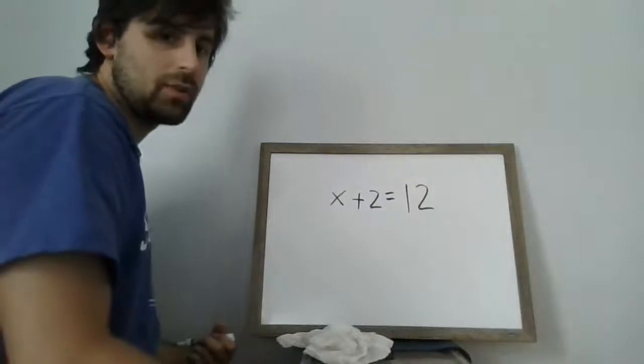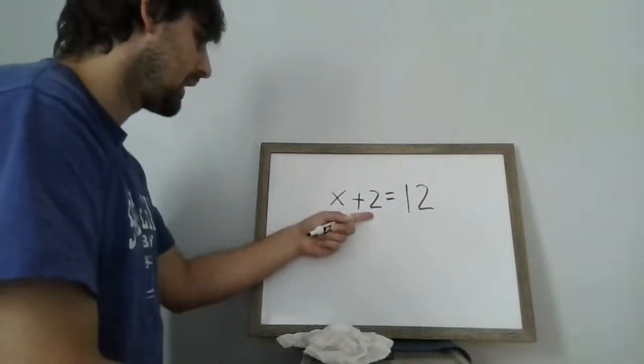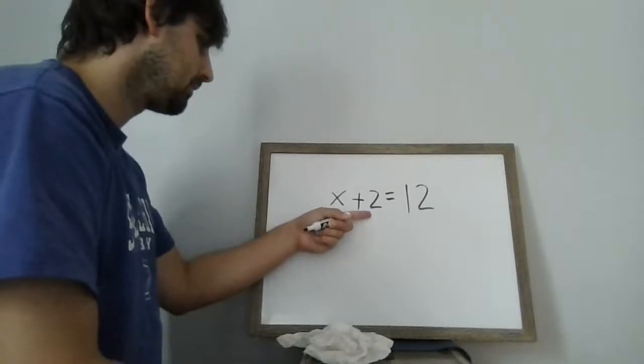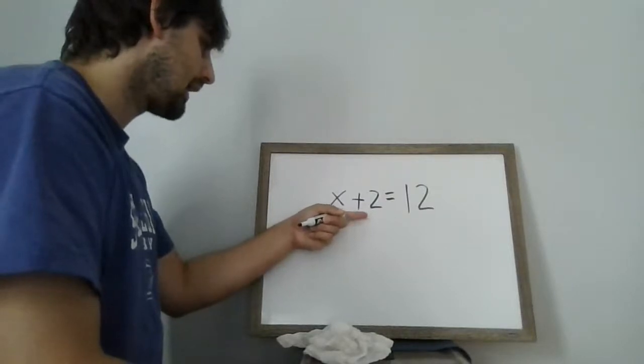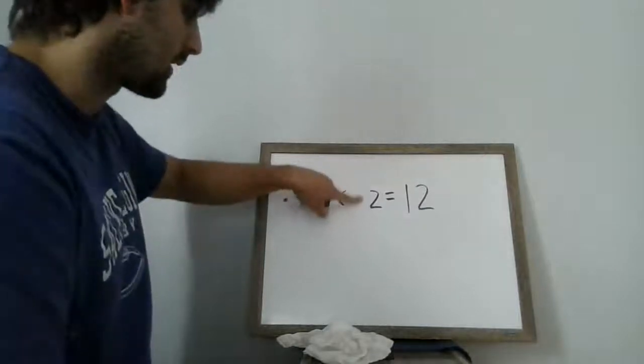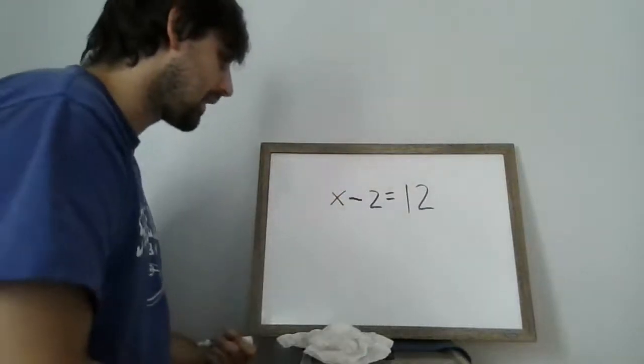X plus 2 equals 12. So again, since we're adding the 2, since the operation's addition, we have to... I'm doing subtract, scratch that. X minus 2 equals 12. Let's make that the example problem.